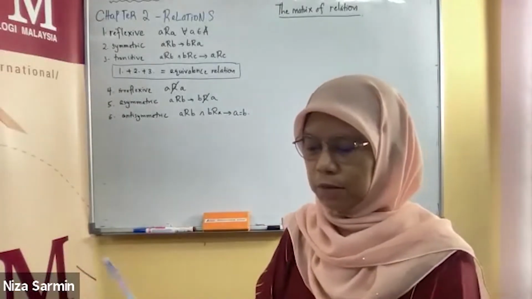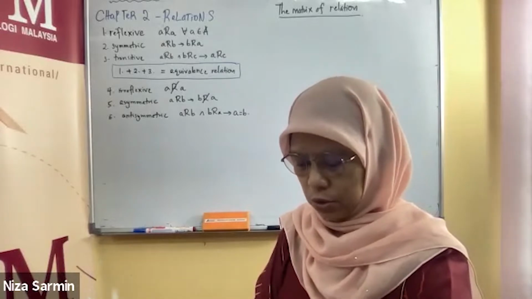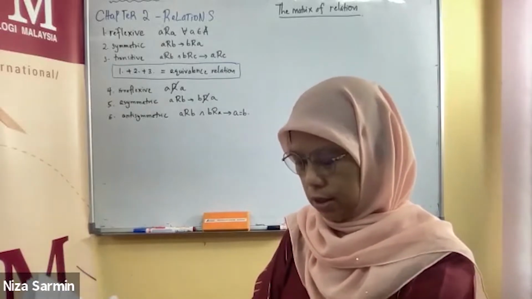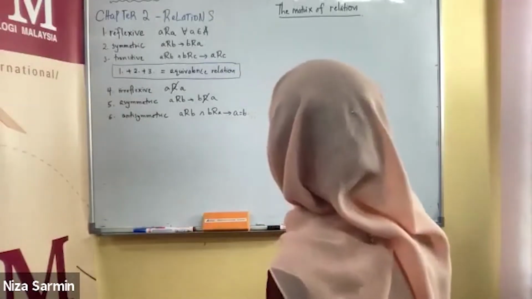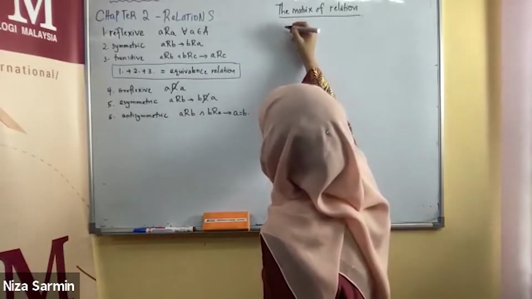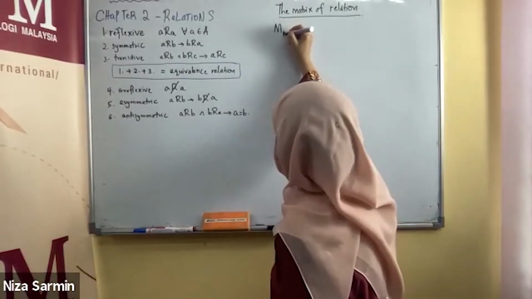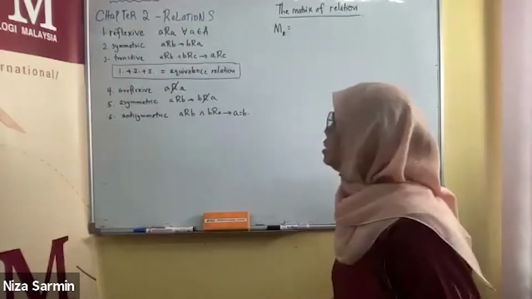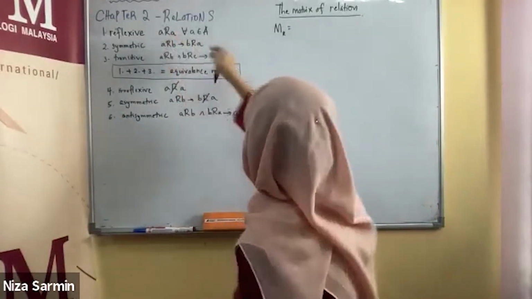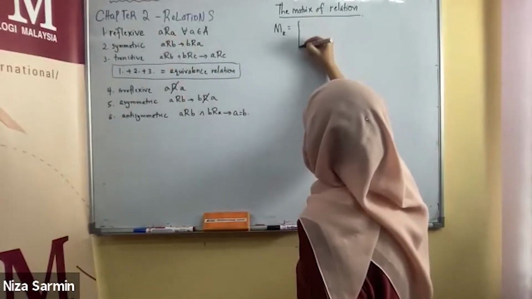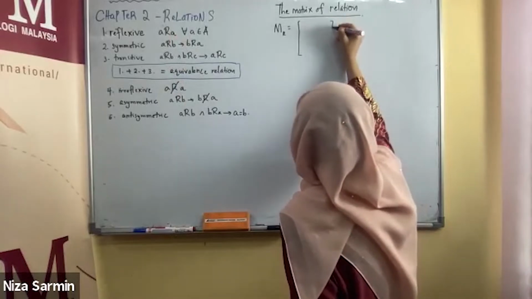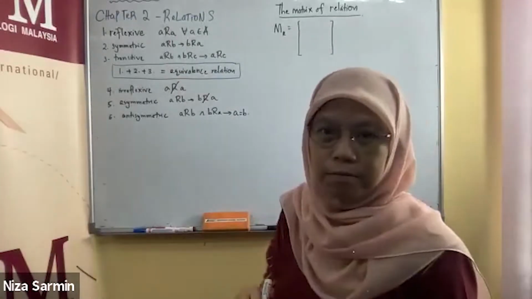Okay, then we put up the matrix. For the matrix for reflexive, right? You have to have ARA for all A. So you don't know how big it is, depending on A, right?